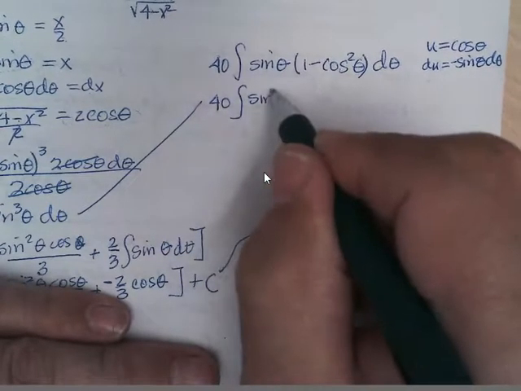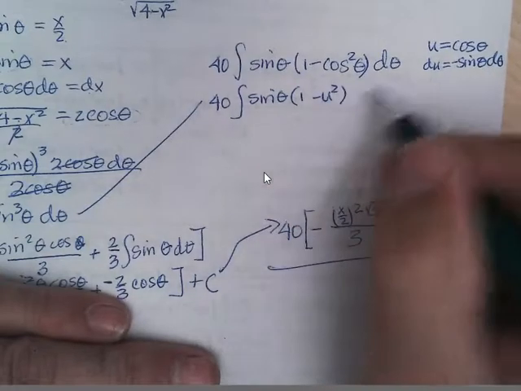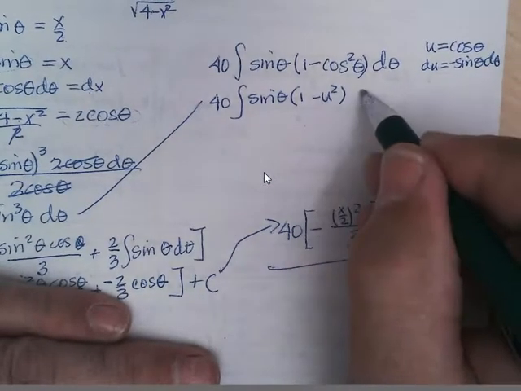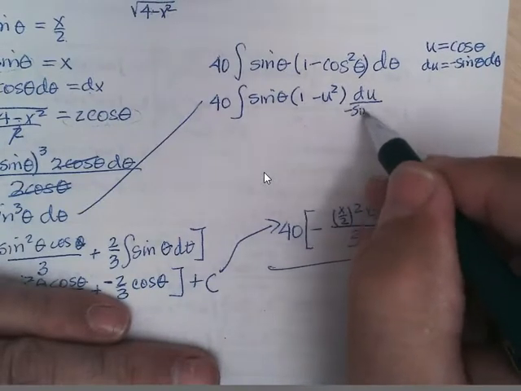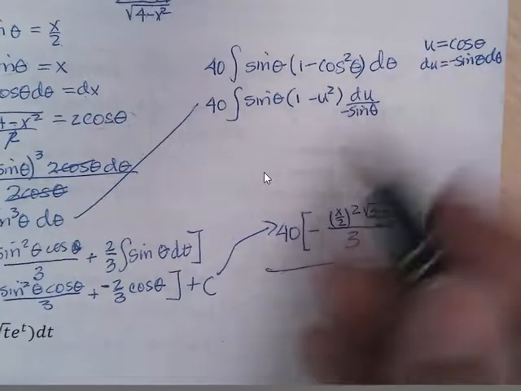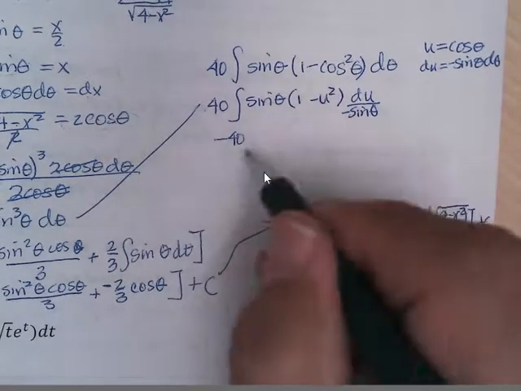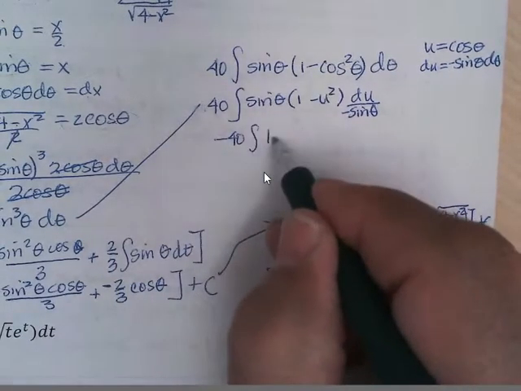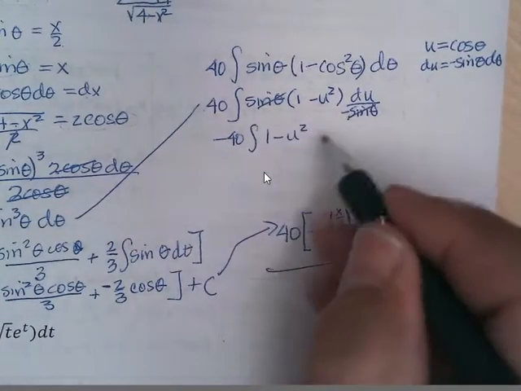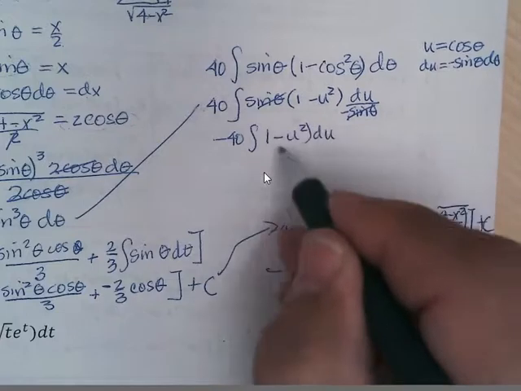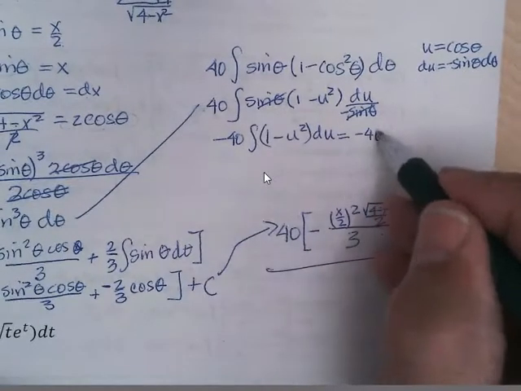I'm going to get sine theta times 1 minus u squared. D theta would be du over minus sine theta. The minus would come out, make that negative 40. Integral of 1 minus u squared, sine thetas cancel, du, which integrates to be minus 40.